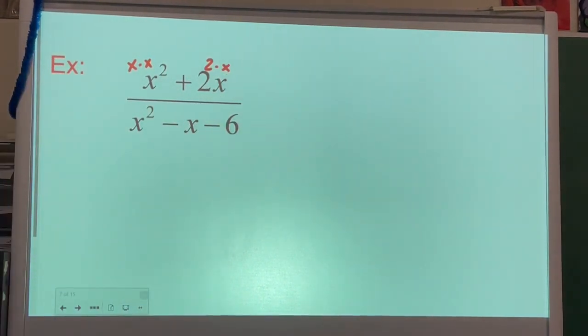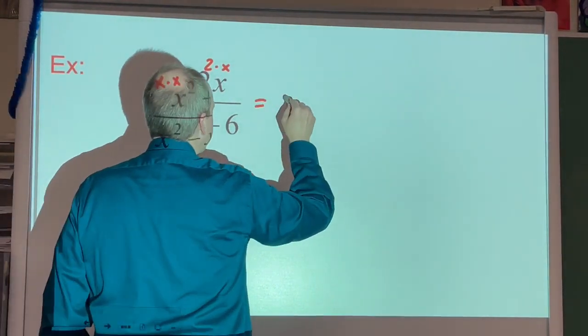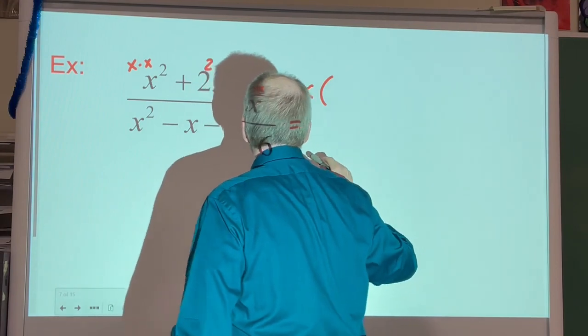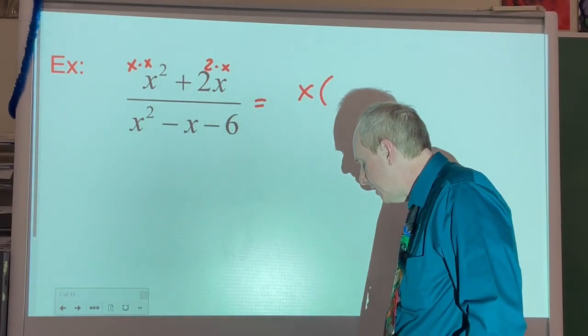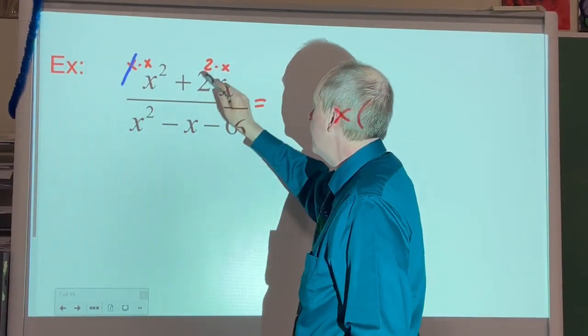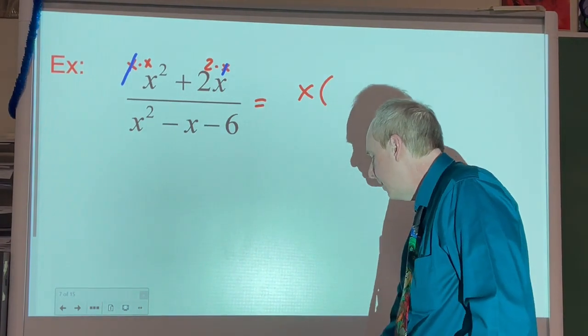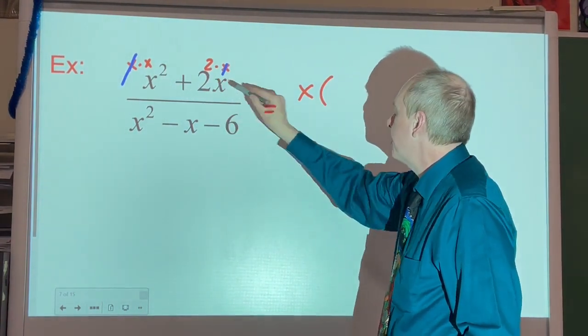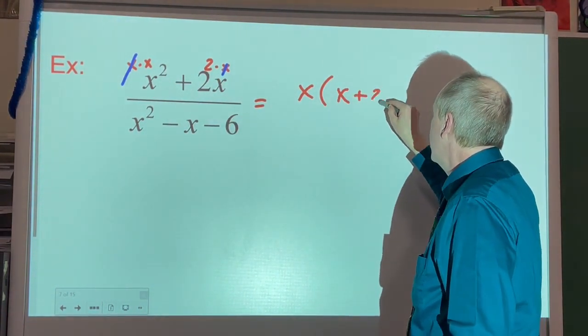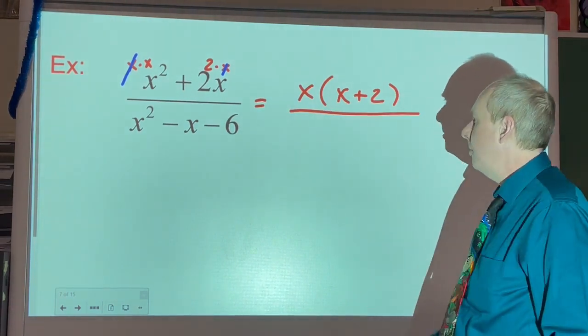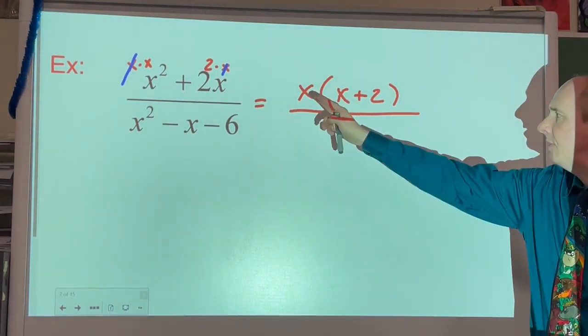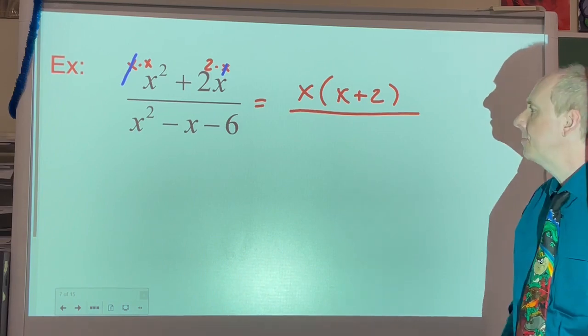What do they have in common? Well, they both have an x. So let's factor out that x. Take out an x from each of them. Take out an x here with an x here. And we have x plus 2. You can always use your distributive property to double check. X times x is x squared. X times 2 is 2x.